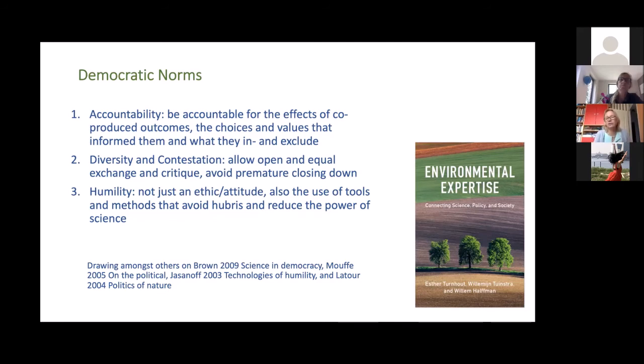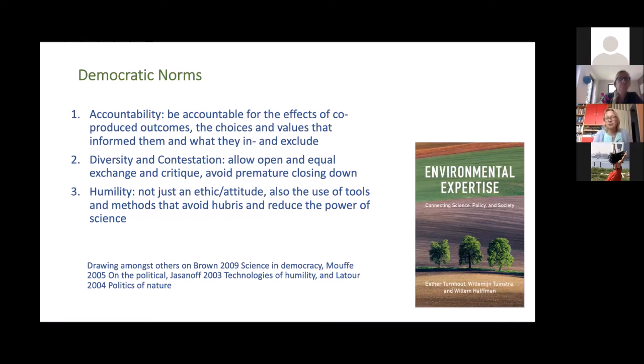So accountability, first of all. If we accept that participatory approaches always exclude, it's not possible to be 100% inclusive, at least be accountable for the effects that these exclusions produce.